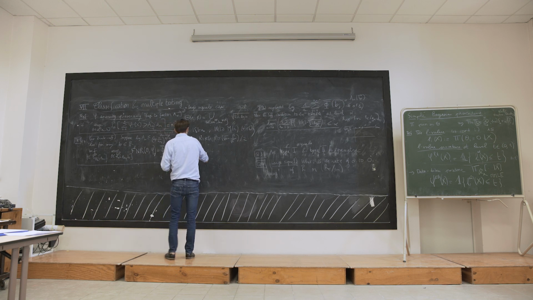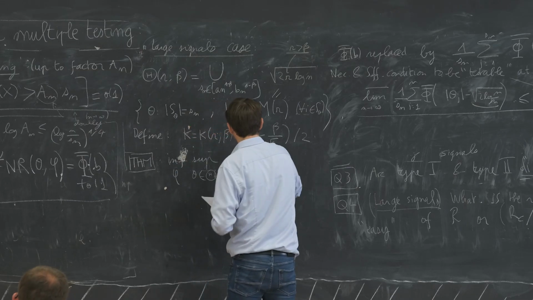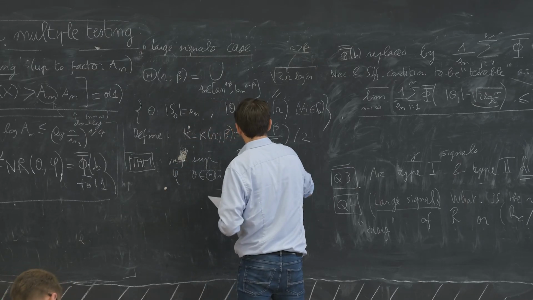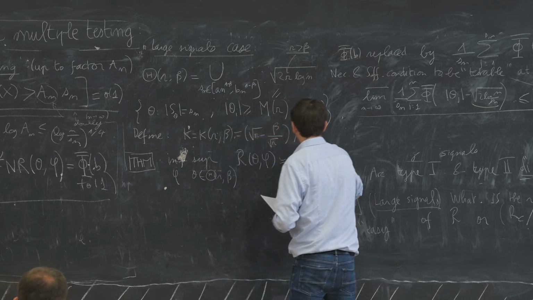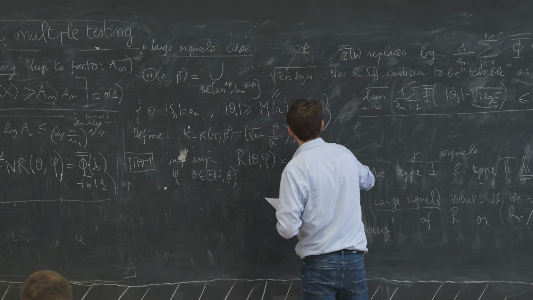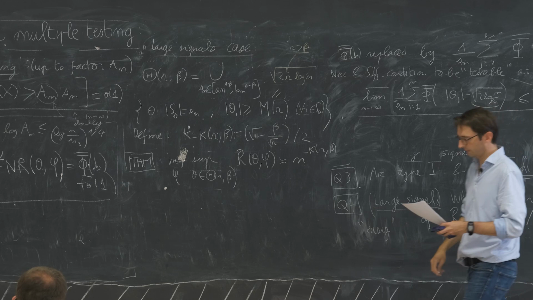The theorem says that the minimax rate for this class, for the multiple testing risk, is of the order, up to constant, n to the power kappa, the kappa I just defined. Here we don't look at optimal constants.